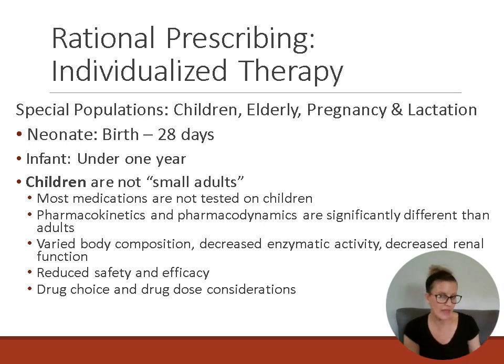So until then, they have decreased clearance of drugs. So that means that drugs build up. Even if you gave them the right dose based on their weight, the drug would build up. So the dose has to be lowered even more because they don't clear and metabolize it as well.